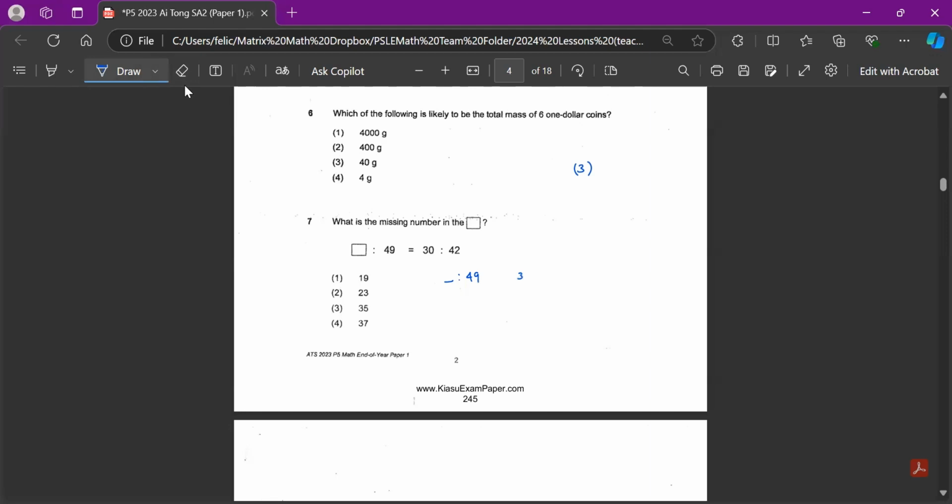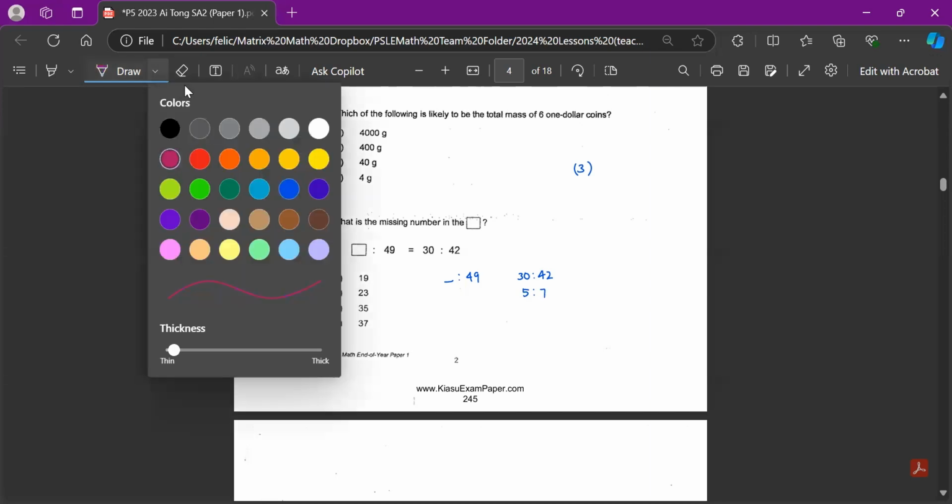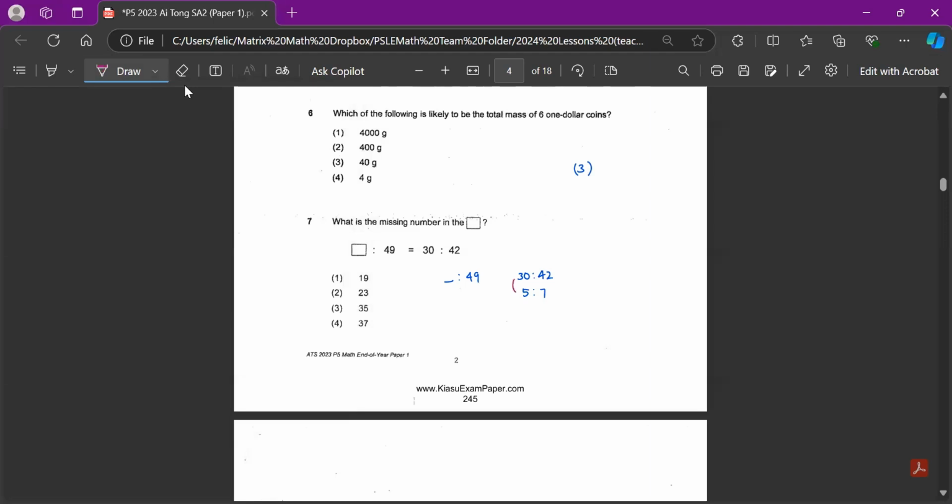Let me put it at the side here, 30 to 42. On both sides, you can further divide by 6. So dividing by 6 on each side will give you 5 to 7. Now the right-hand side number is 49.